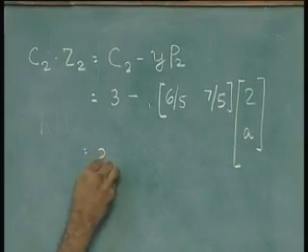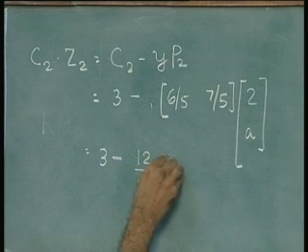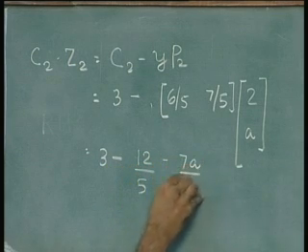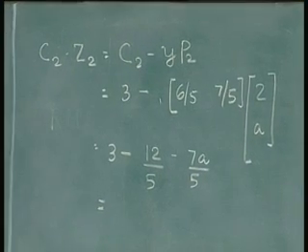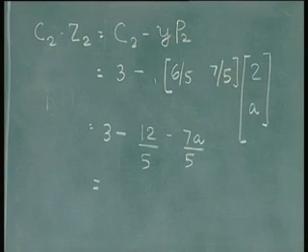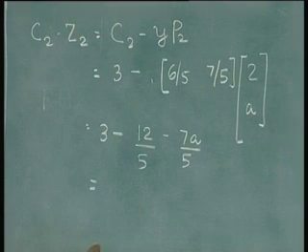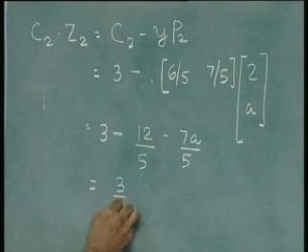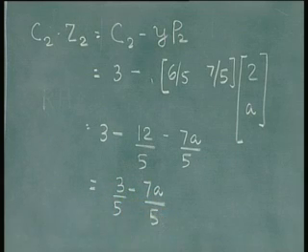So, this becomes 3 minus 12 by 5 minus 7a by 5, which is 3 by 5 minus 7a by 5.